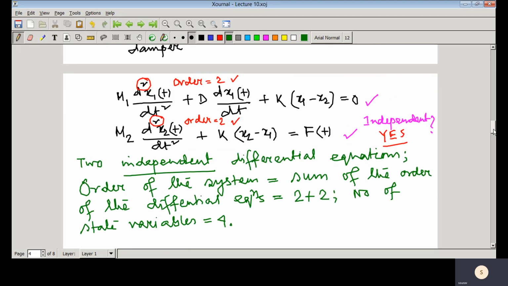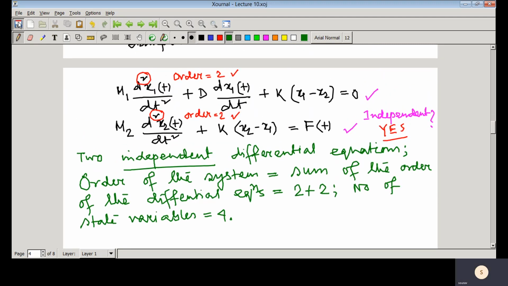So let me describe it again. Whenever a dynamical system is described by a set of differential equations, you need to first see whether the differential equations are linearly independent or not. Suppose you have 3 differential equations, 2 of them are linearly dependent and the other one is linearly independent.